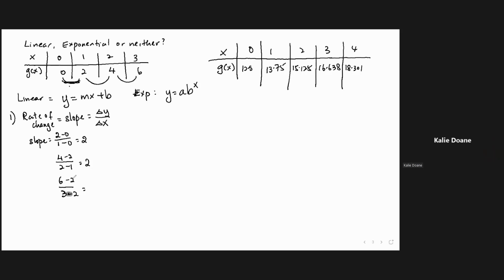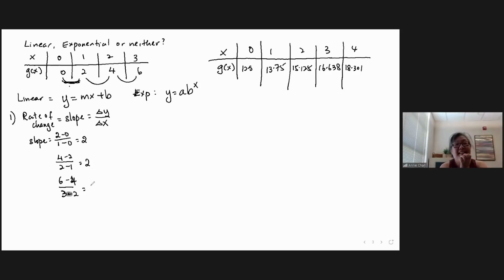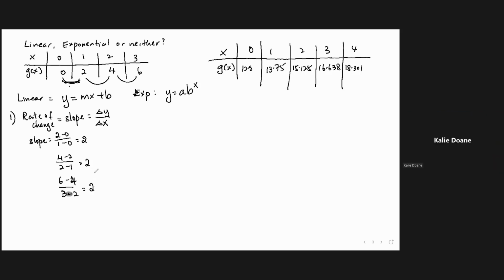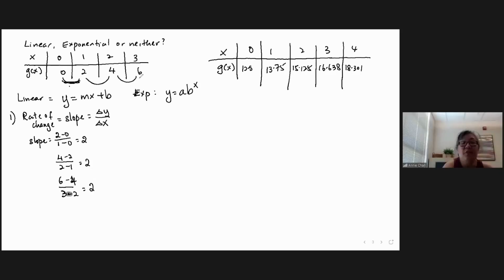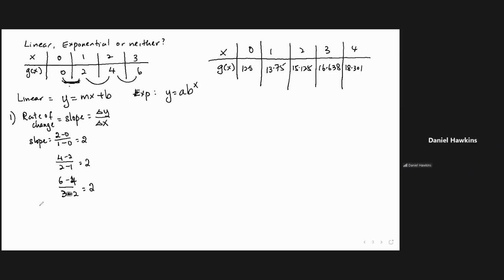Isn't it 6 minus 4? 6 minus 4, yes, thank you. Is that 2? Yes. Okay, so because every single one has the same slope, therefore this table tells you it is what? Linear, right? It is linear.